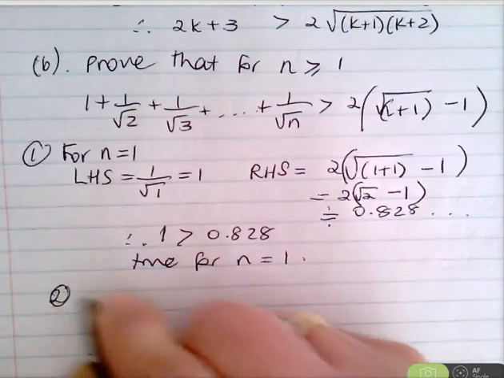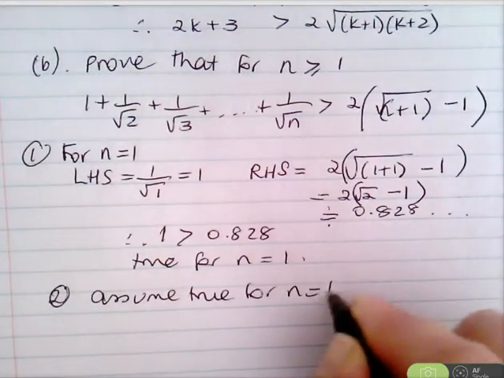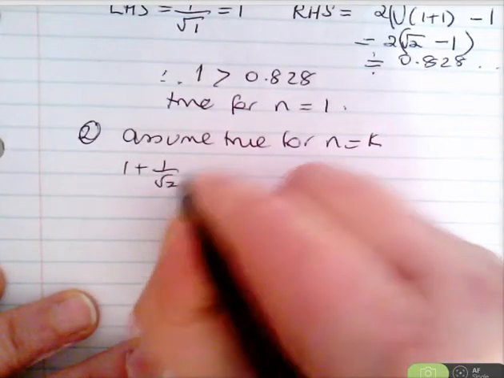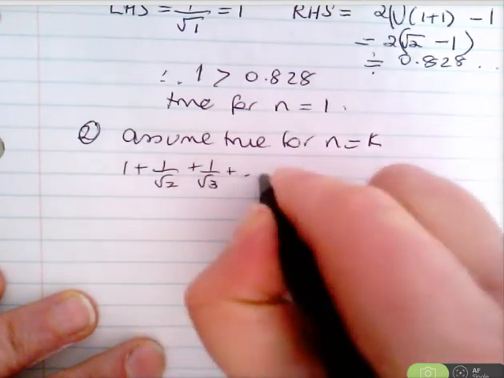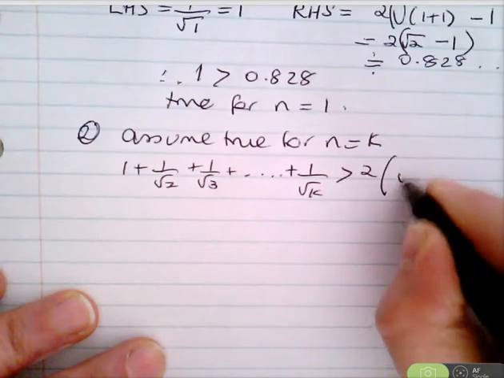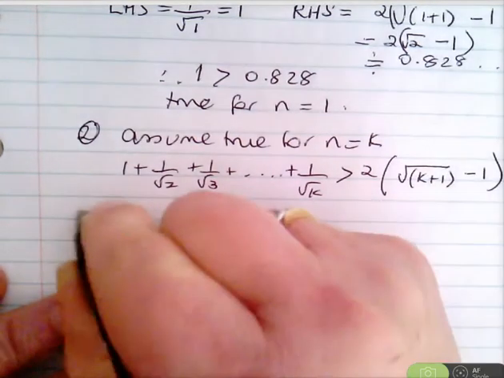Step 2, we're going to assume true for n equals k. So 1 plus 1 over root 2 plus 1 over root 3 plus all the way up to 1 over the square root of k is greater than 2 times the square root of k plus 1 minus 1.